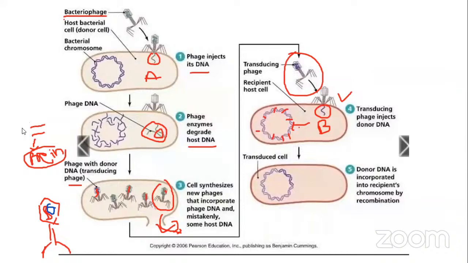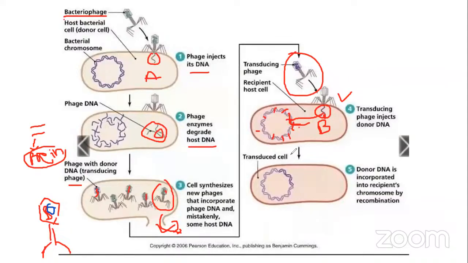Not only phage DNA, it also has bacterial DNA. So bacterial DNA with viral DNA. Now this DNA fuses with another bacteria. So like this, the conjugation, recombination takes place.